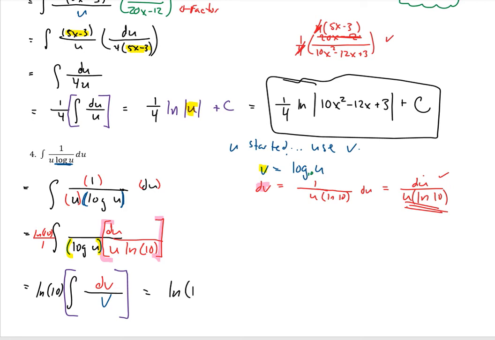And then in the purple, we're doing the antiderivative, which is the natural log of v in the absolute values. And then it would still have plus a constant. And then now I can finalize it. Let me highlight it even further. This v, I can plug back in to match our original letter. And so this becomes, let's put it next to it, ln of 10 times ln of the log of u plus the c.